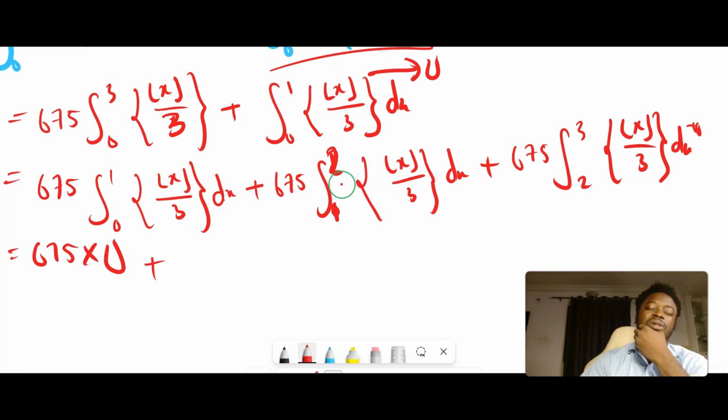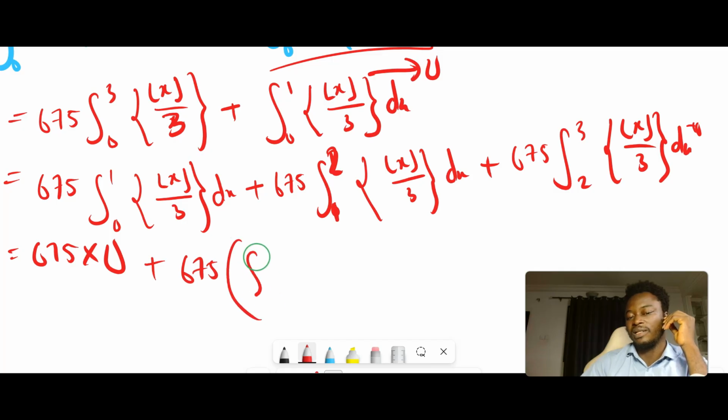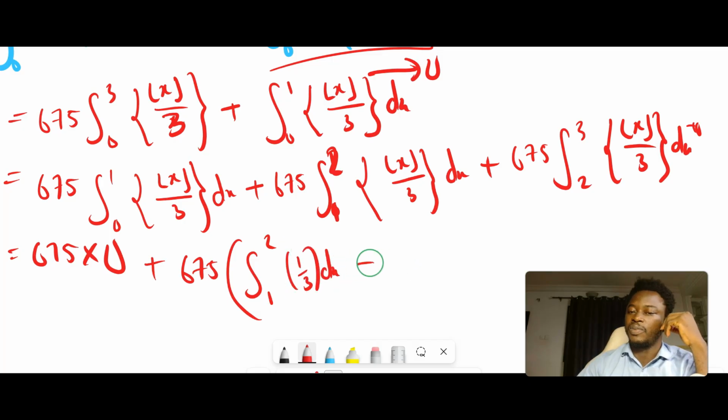So between 1 and 2, the floor of x is 1, so we have the fractional part of 1/3, so we have 675 multiplied by the integral from 1 to 2 of 1/3 dx, and then plus the integral from 2 to 3.